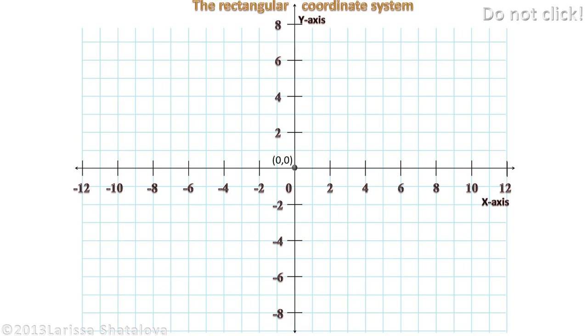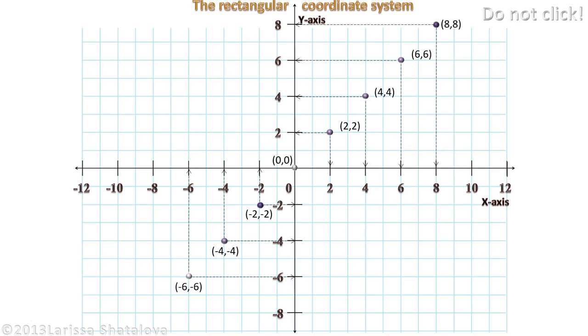In the rectangular coordinate system, I'm going to plot several points. The first one, 0, 0. Second one is 2, 2. Next would be 4, 4, 6, 6, and then 8, 8. Negative 2, negative 2, negative 4, negative 4, and negative 6, negative 6. I want you to look at the coordinates for each point: 0, 0, 2, 2, 4, 4, 6, 6, 8, 8.